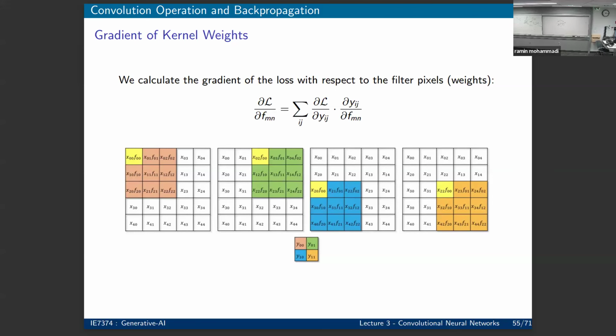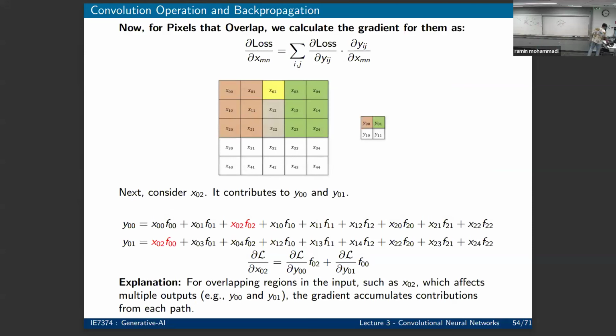The same thing actually we could do for the input. You have this also in the booklet, but it's going to be a little different with respect to the input.